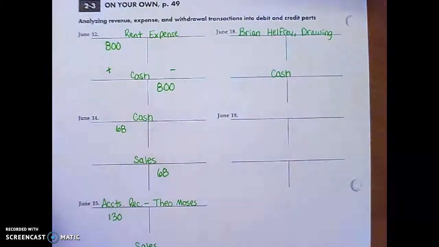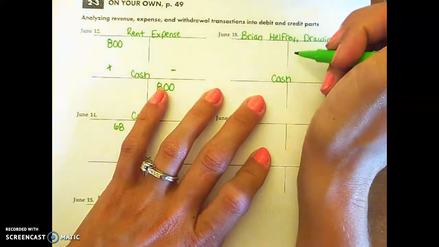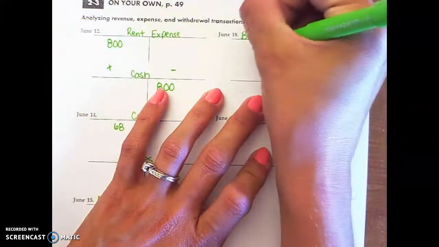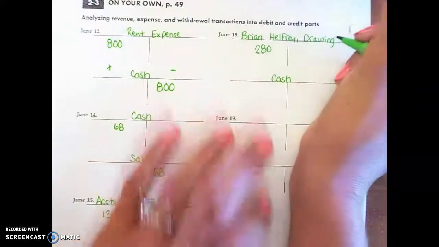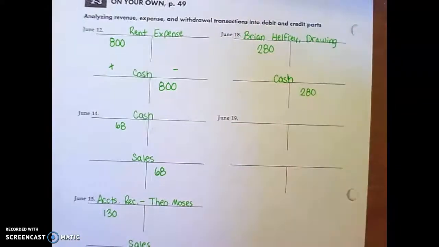Our drawing account is the same as expenses. It is decreasing our related owner's equity account. Drawing is an owner's equity account, same as capital is. Sales is revenue and expenses are expense accounts. So Brian Helfrey Drawing is increasing the amount that he has withdrawn from the business. It increases with a debit, and he has taken out $280. And our cash is decreasing, so it will receive a credit of $280.